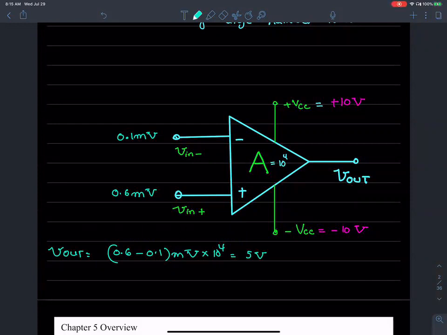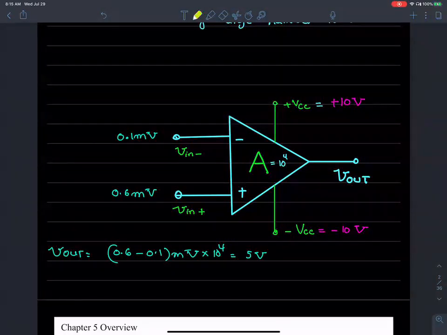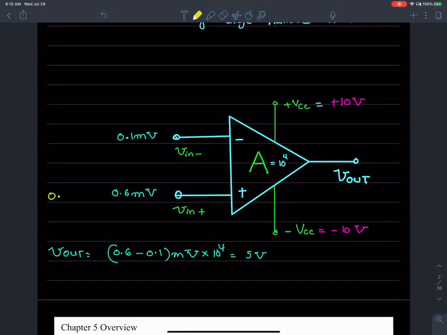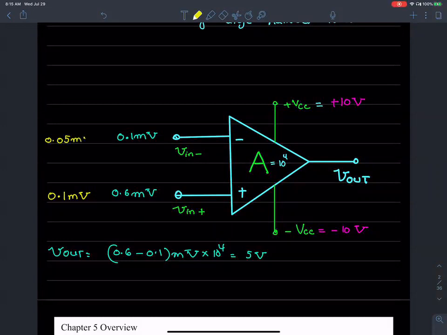Okay, 5 volts. Now, I'll give you another number. Let me pick a different color here. Let's say I apply a value of 0.1 millivolts and 0.05 millivolts. Okay, when I do that, let me pick some different numbers.